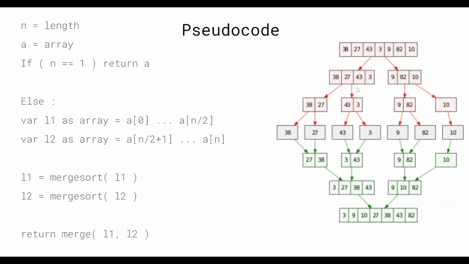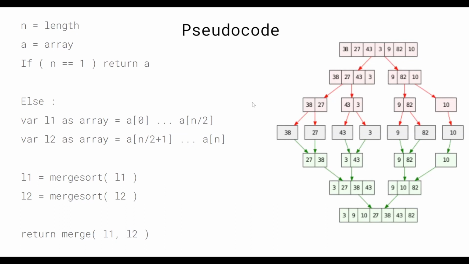Basically the pseudocode is like, well, from the beginning, let's just say that n is the length and a is the array. So if n, the variable, is compared to 1, then return a, so return to the beginning.